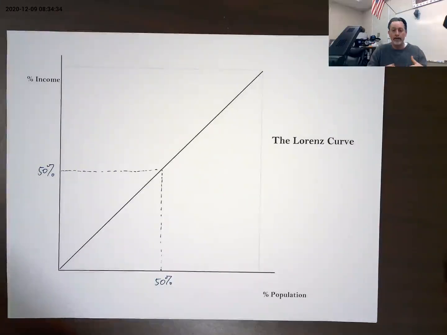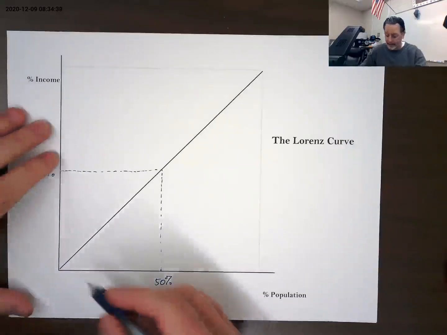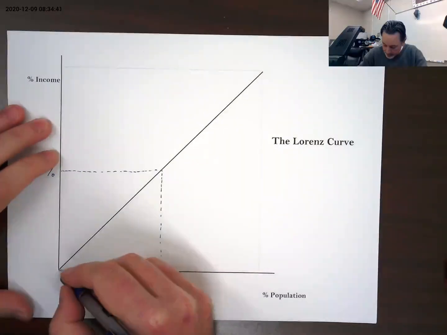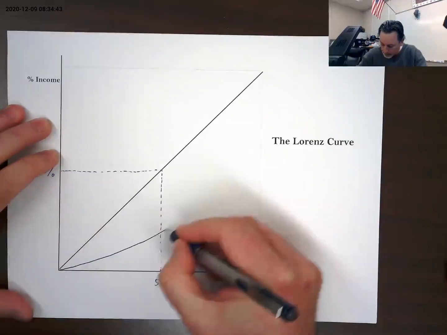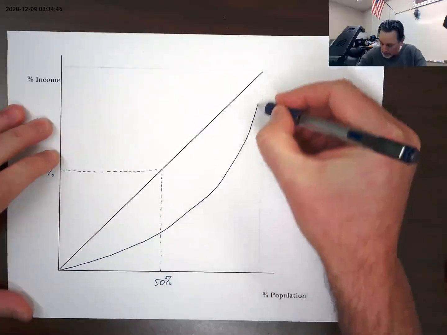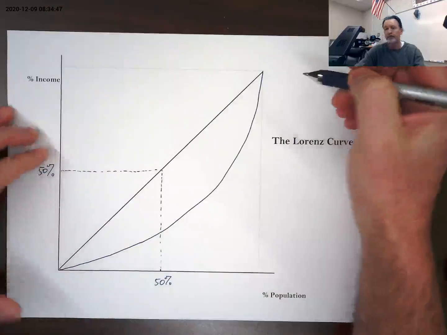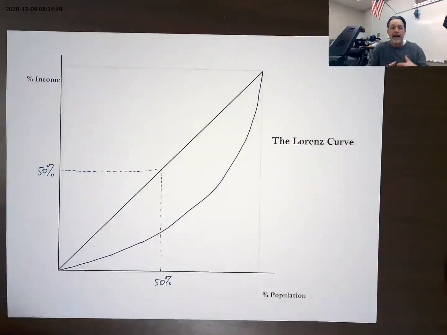Let's place a Lorenz curve on this particular graph and then explain its significance. So we're going to go ahead and draw in a Lorenz curve, and that is a curve which demonstrates the inequality in the distribution of income.